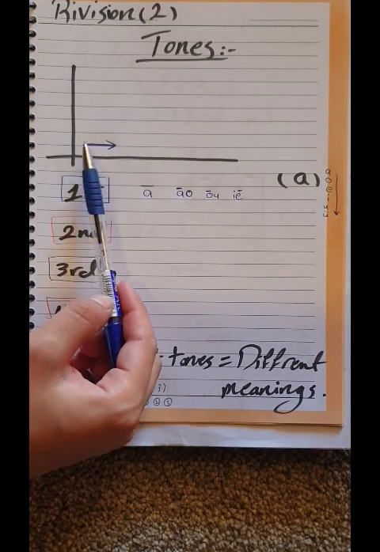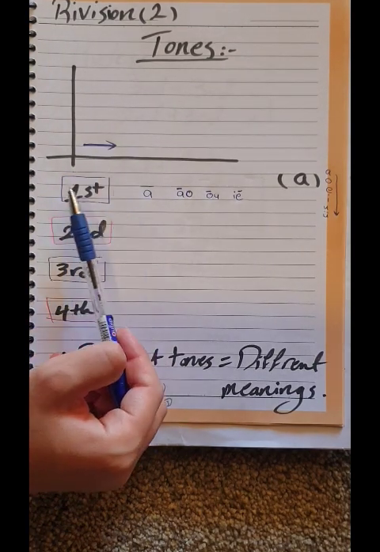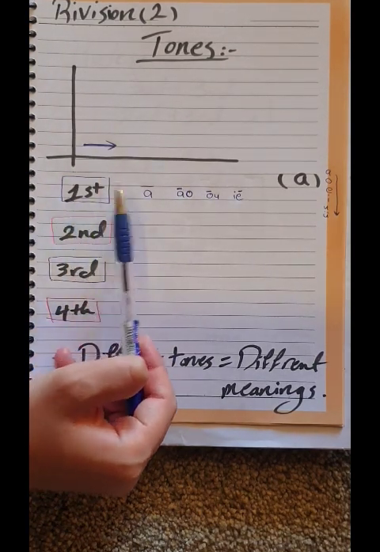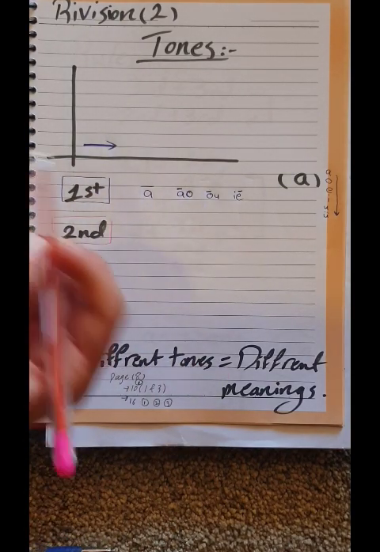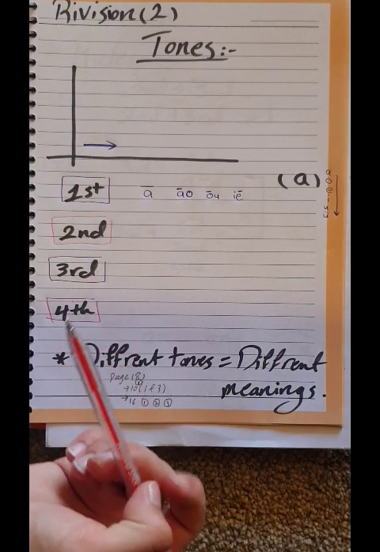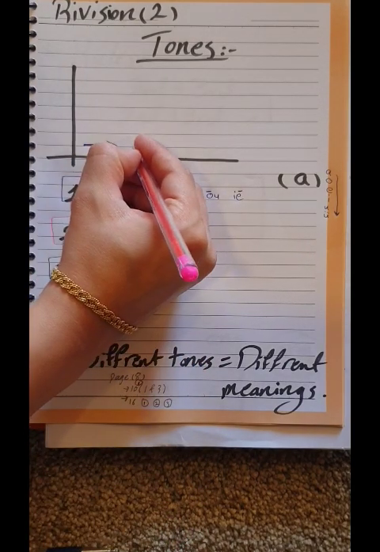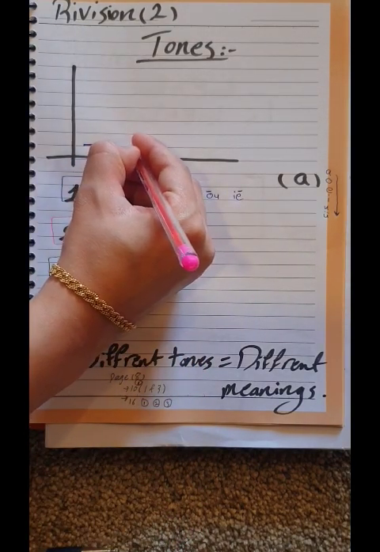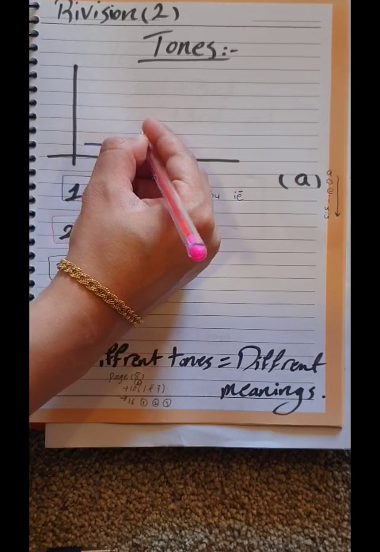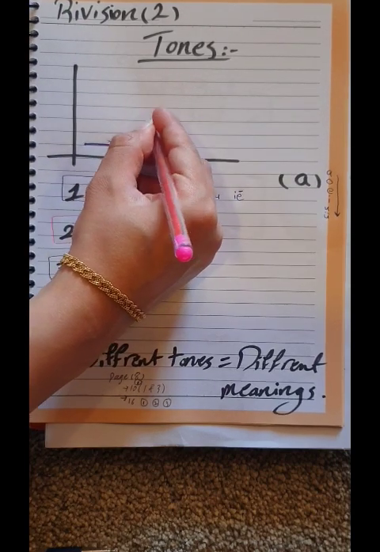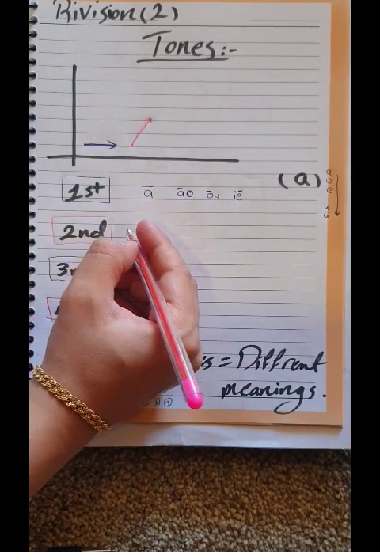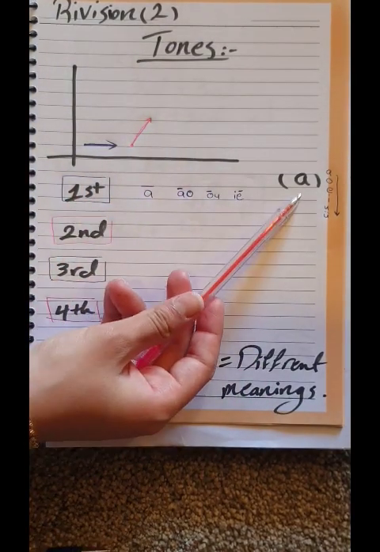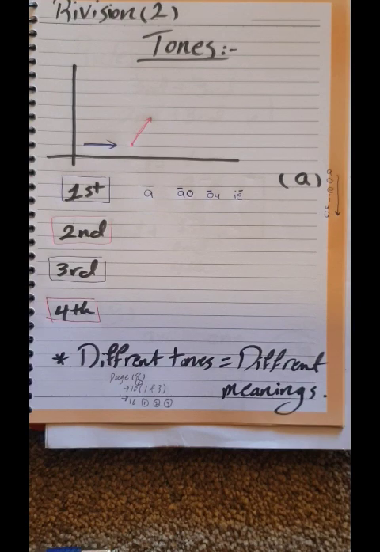So again, the first tone, you go straight with your voice, ā. Going to the next one, pink, the second tone. You go from down and you go up with your voice. It's like you're asking a question. So with a, it's gonna be á. You're asking a question, á.